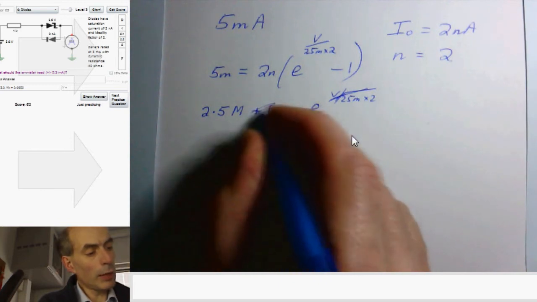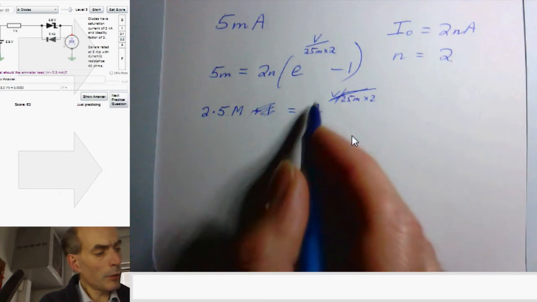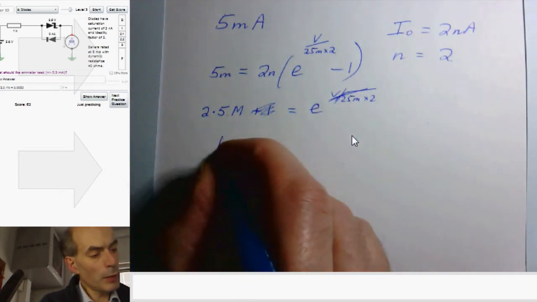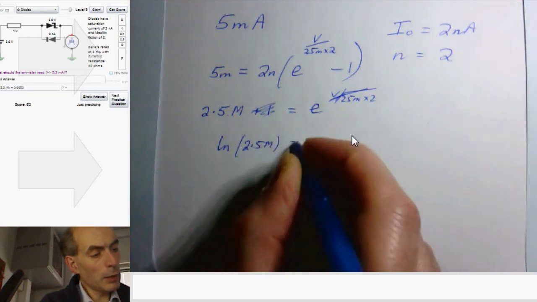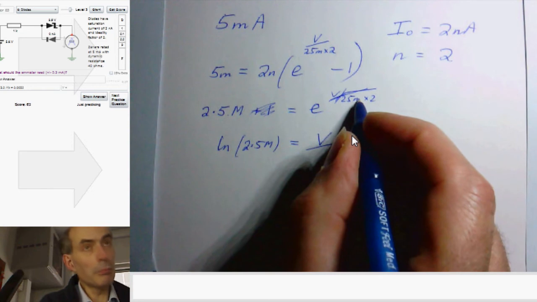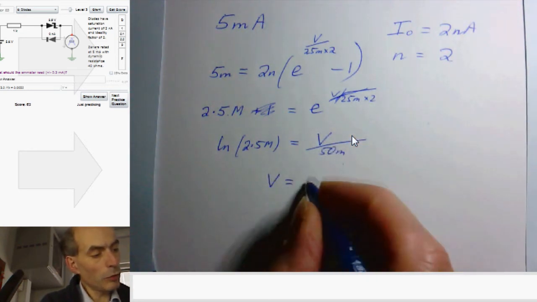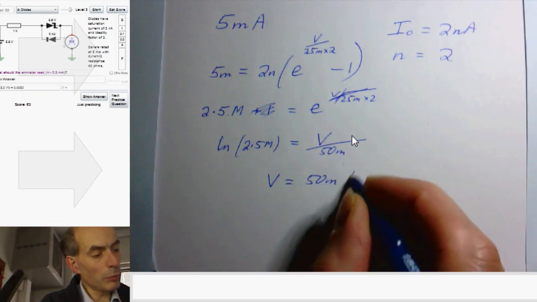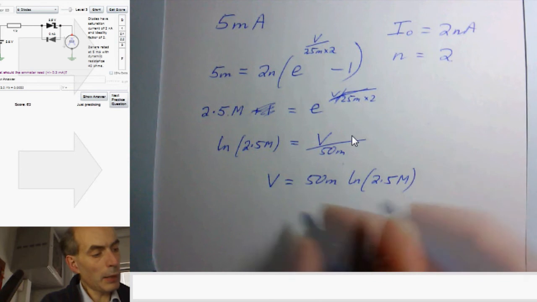So we can neglect the 1, small compared to the 2.5 million. Take the natural log of both sides, and we would end up with log of 2.5 million equals V divided by, well, 25 milli times 2 is 50 milli, and that would give me a voltage of 50 millivolts times the natural log of 2.5 meg.